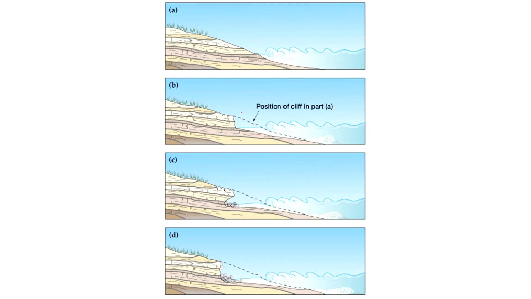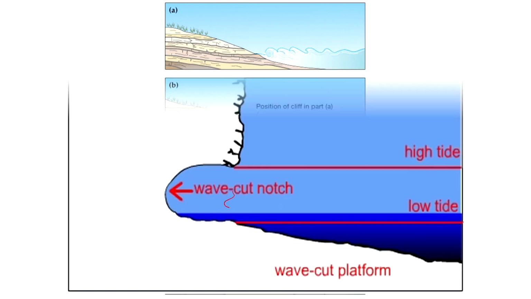So, during high tide the wave keeps coming and eroding this part, and finally you will see a development of this landform. Okay. And that is your sea notches. Okay. So, it will keep collapsing also, but sometimes it remains preserved if the sea level changes.